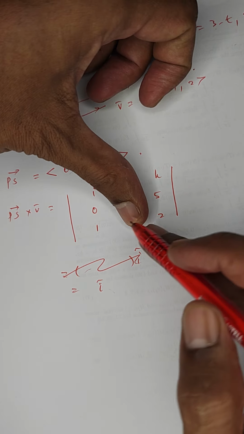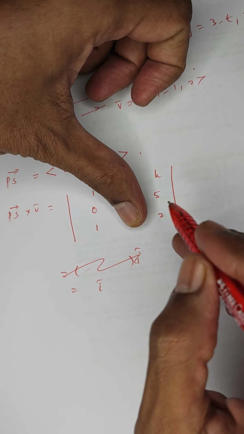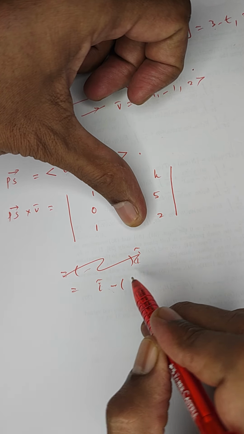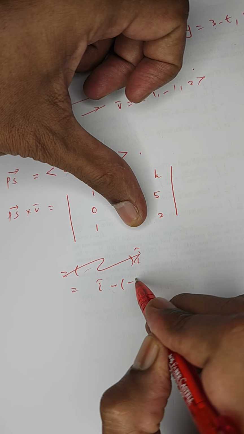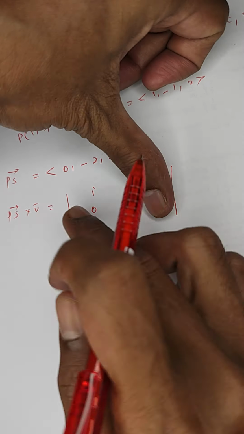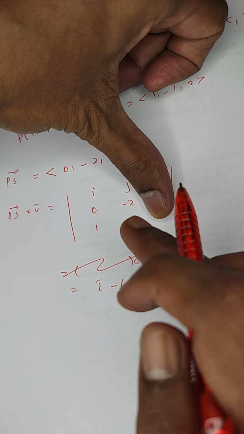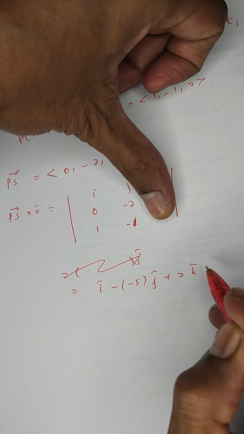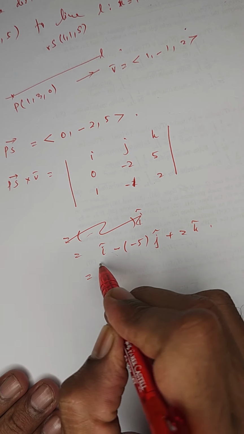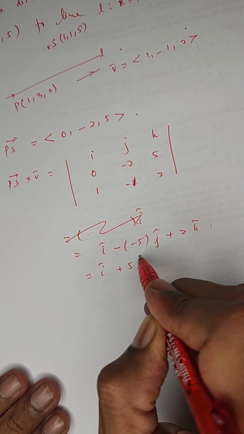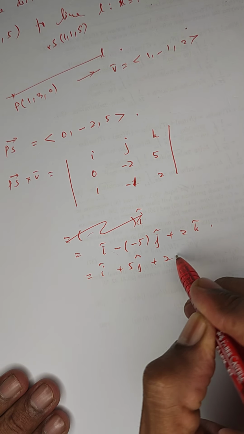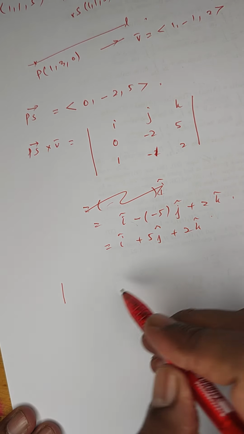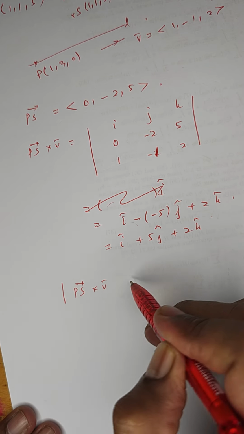And for j you have minus, and 0 minus 5, so you got -5j, and for k you have 0 plus 2. So we have the cross product, and then from there you can find the magnitude of PS cross V.